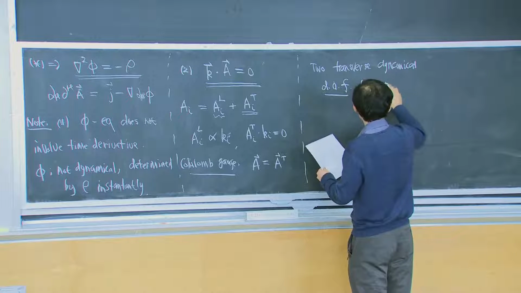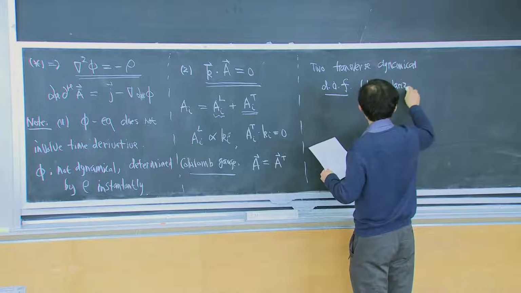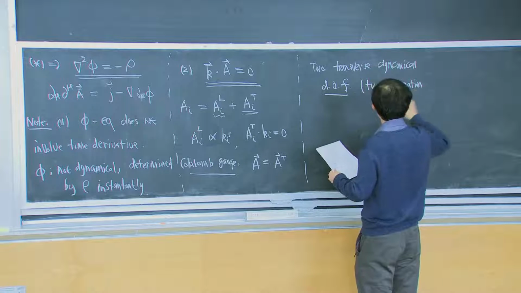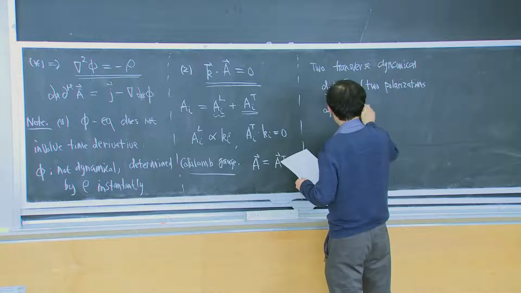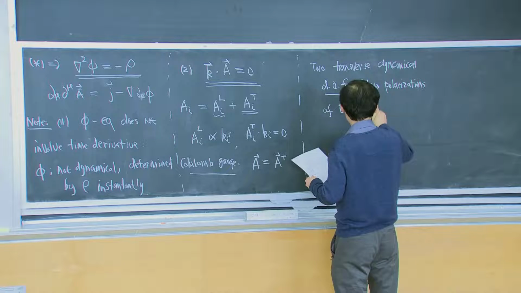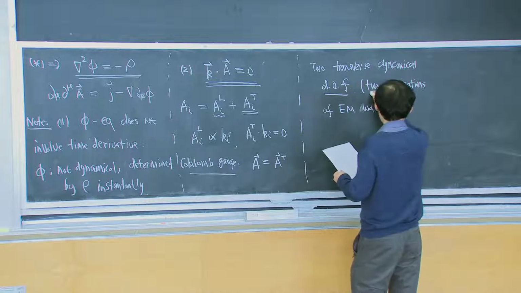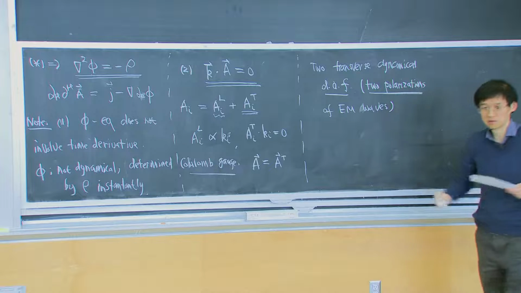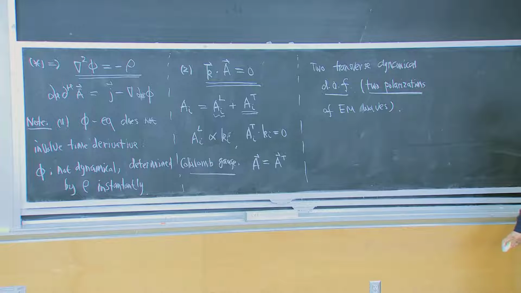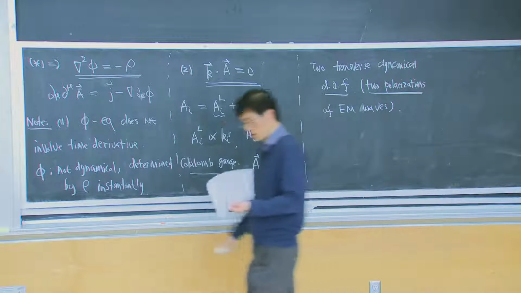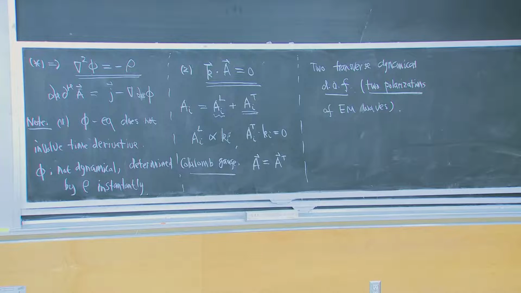Classically, this just corresponds to the 2 polarizations of the electromagnetic wave. So if you look at the electromagnetic wave, you only have 2 independent polarizations. So this is the story for the Coulomb gauge.